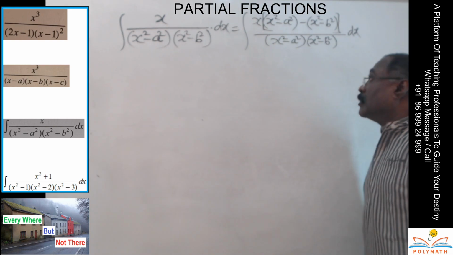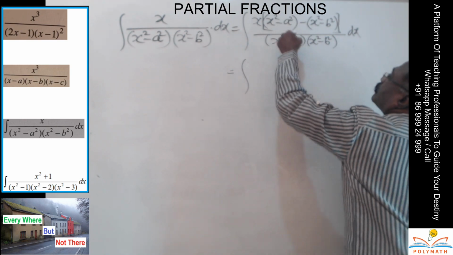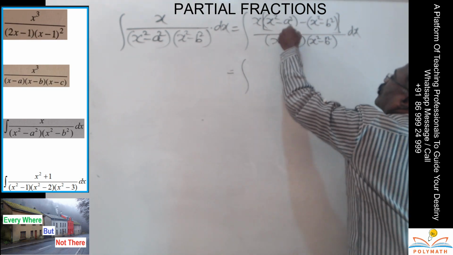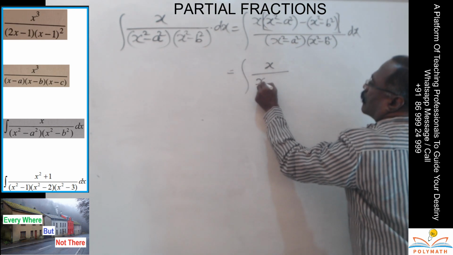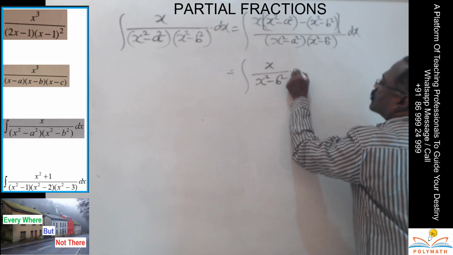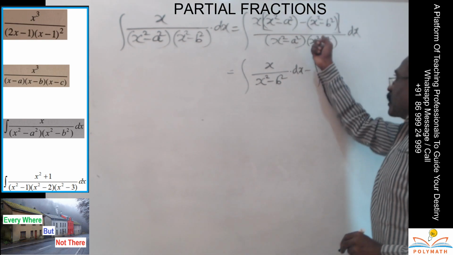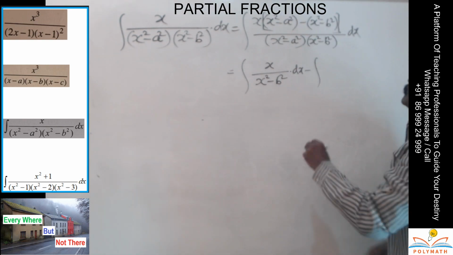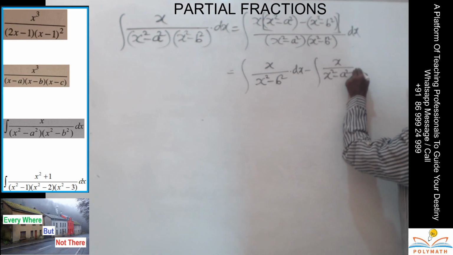You will understand now. That is equal to the integral of, split it now. x square minus a square gets cancelled, so x divided by x square minus b square dx, minus, split it, these two get cancelled, x divided by x square minus a square dx.